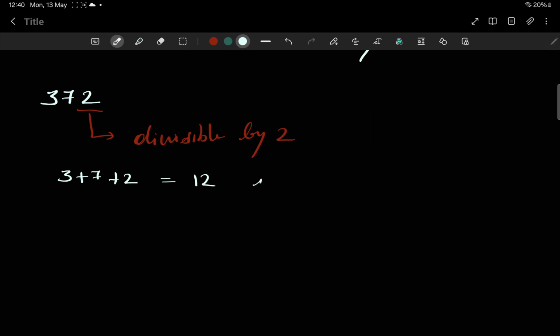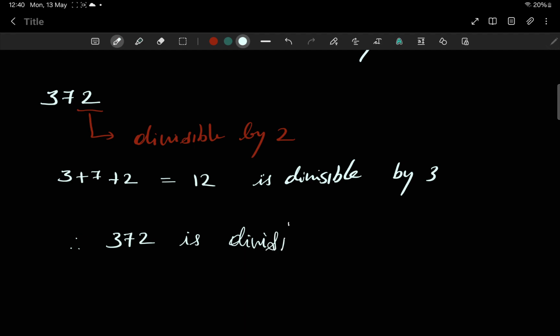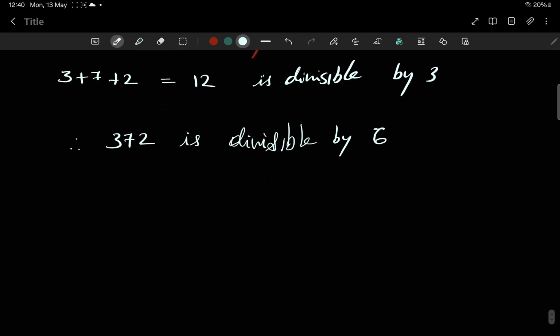So it is also divisible by 3. So both conditions are satisfied. It is divisible by 2 and it is divisible by 3. Therefore 372 is divisible by 6. So that's the divisibility rule of 6.